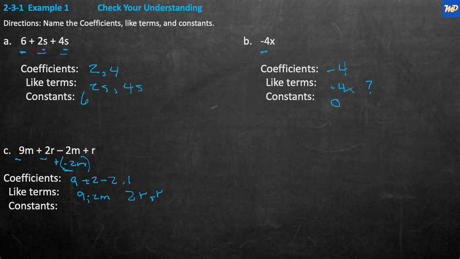And the constants, there are no constants unless you want to go like we did over here on problem B, and say that there is a constant, because sometimes when you're working problems, you'll find out in the future when we're adding and subtracting polynomials, if there's a term missing, you're going to have to replace it with a zero. So we can say that there's a zero constant here.